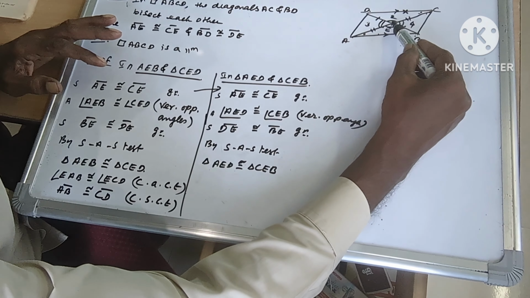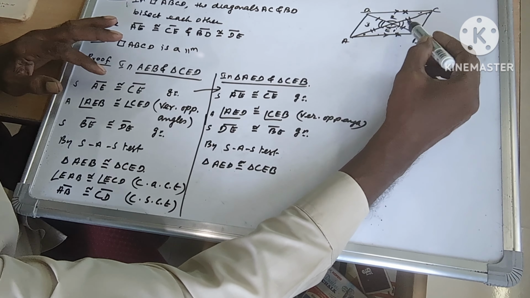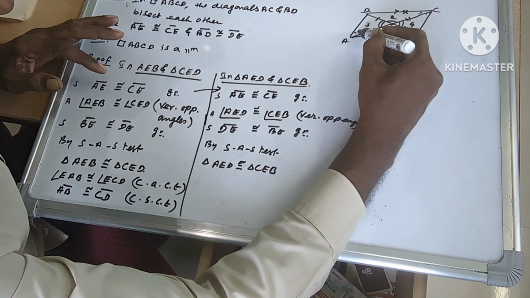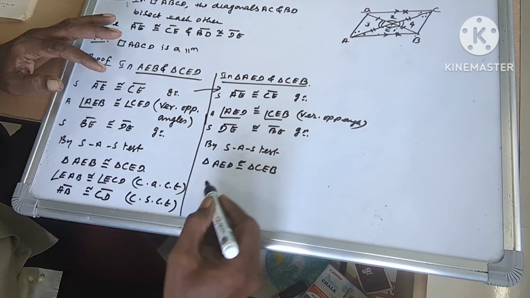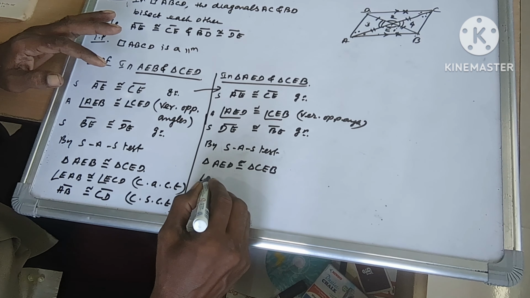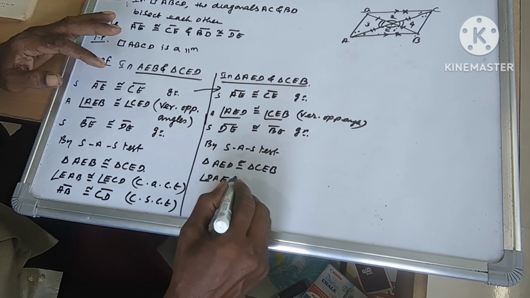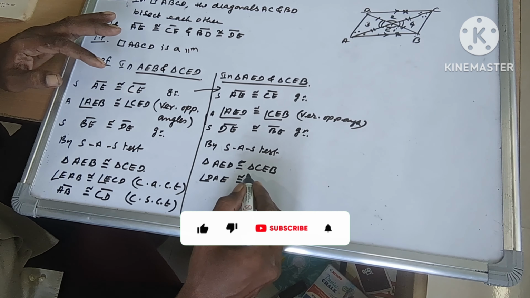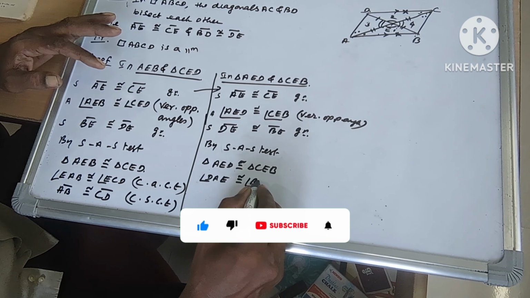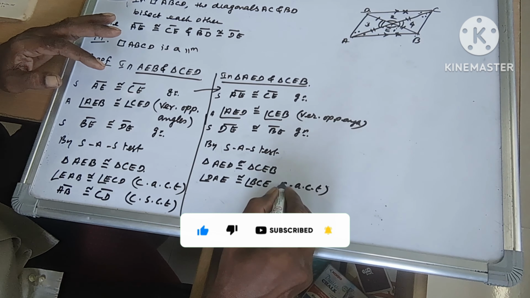Same way, now we come here. Since triangles AED and CEB are congruent, the double dot angles are congruent: angle DAE is congruent to angle BCE, corresponding angles of congruent triangles.